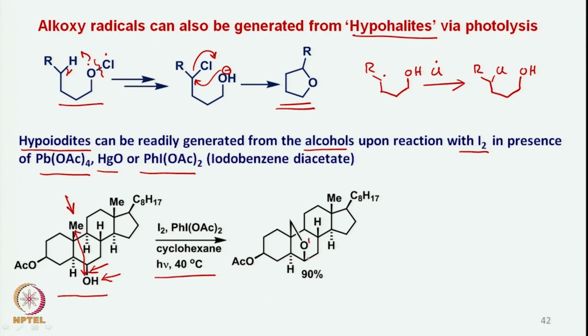So this is 1, 2, 3, 4 and this 5. So this is a very interesting molecule having a tetrahydrofuran unit embedded in the steroid molecule by this reaction. This example is an extension or related reaction to the Barton reaction by using hypohalite, hypoiodite.